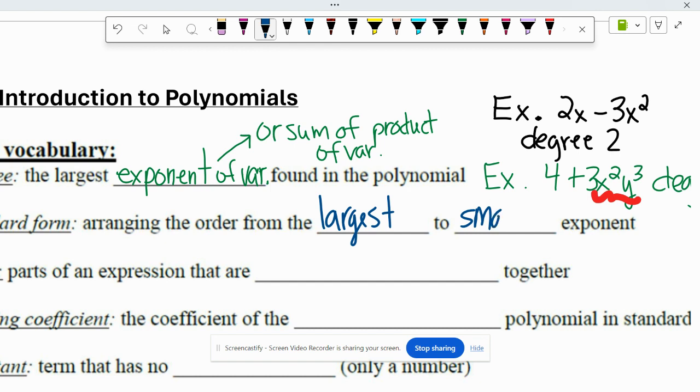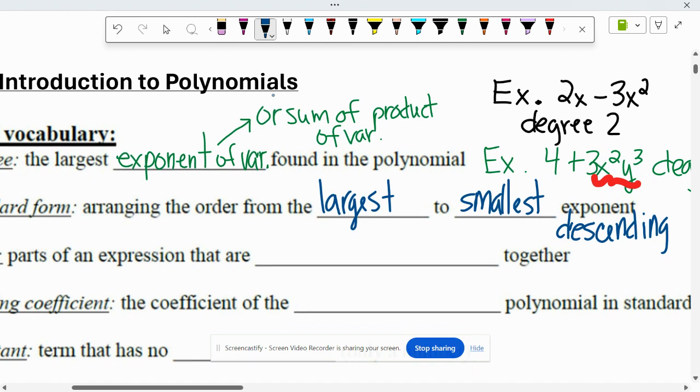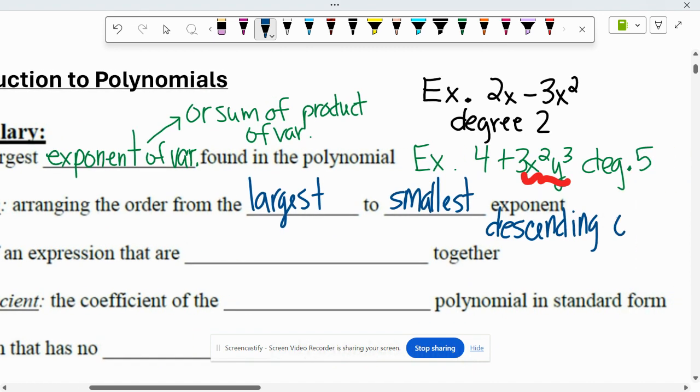Sometimes you're going to see that written as descending. It might say put them in descending order, and that's what that means, okay? Descending order means you're going to go from the largest to the smallest. Start at the top and work your way down, right? Like if you're in a hot air balloon and you're descending, you're starting at the top and you're coming down. So you start with the largest and you work your way down to the smallest, okay?